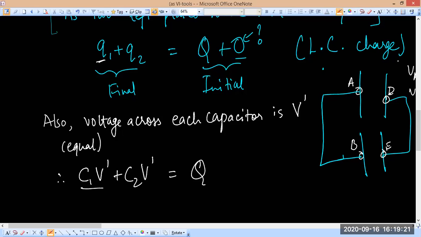Urvendra, that's absolutely wrong. Initial potential is not the same. All right. Why are there two, Avinash?